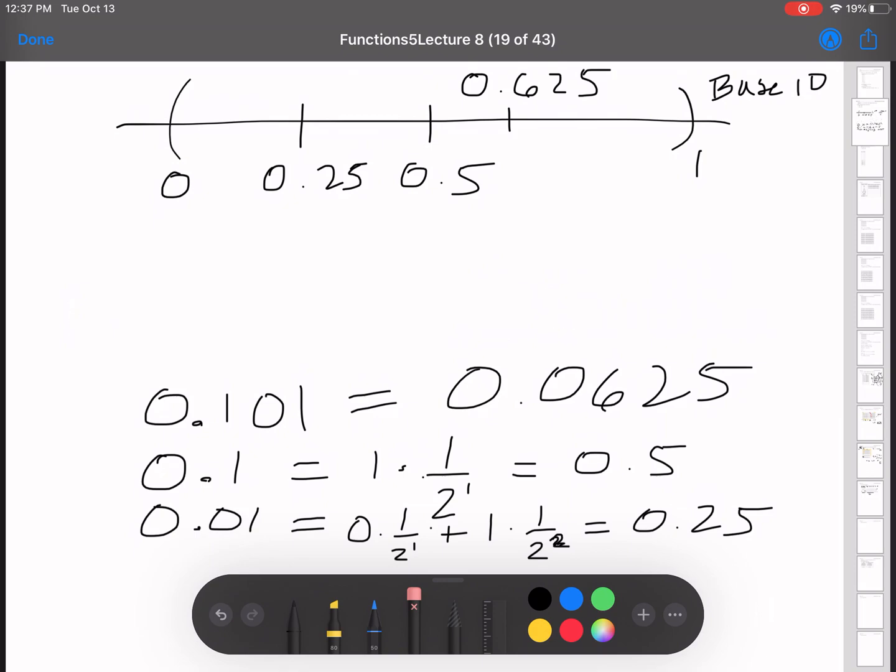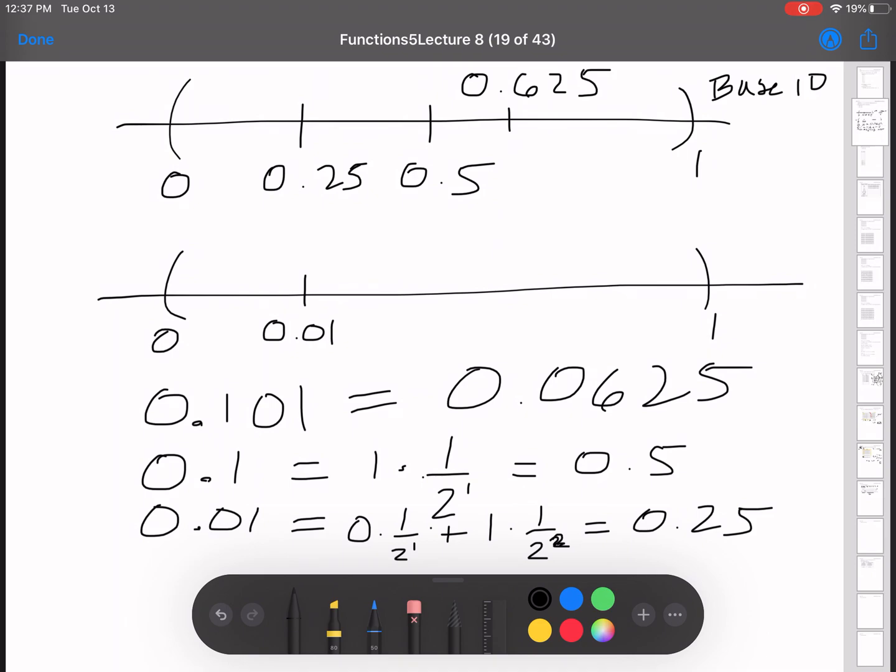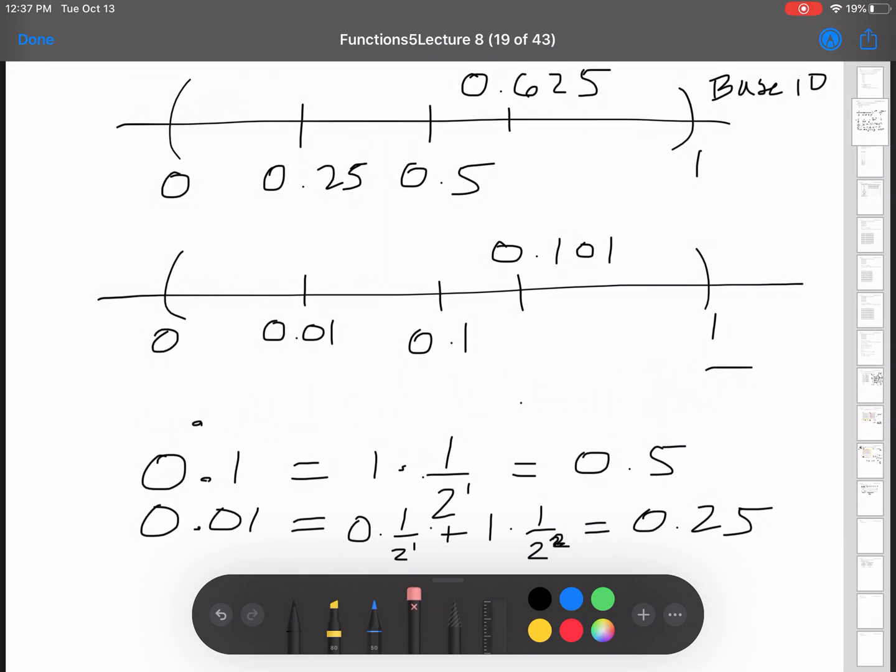All I want you to see is that it's possible to convert all these numbers and they still mean exactly the same thing. It's still 0.25 as you know it, still 1/4, but we just write it as 0.01, 0.1, 0.101, and this is base 2.